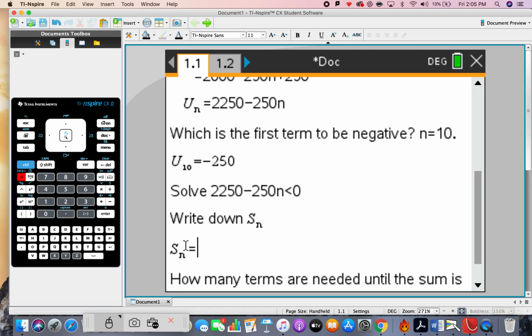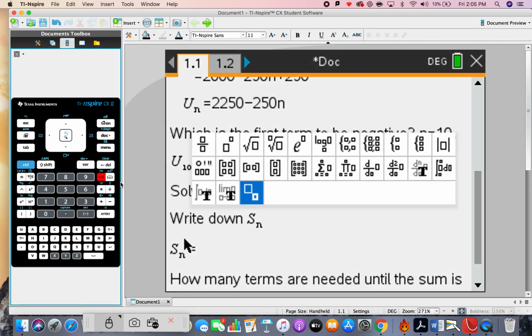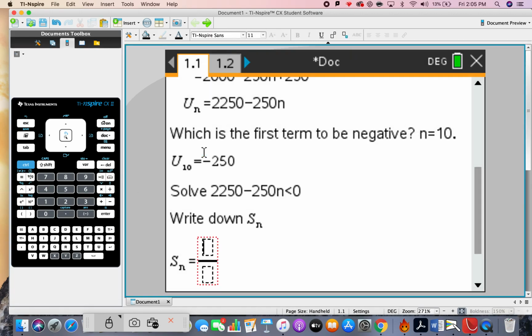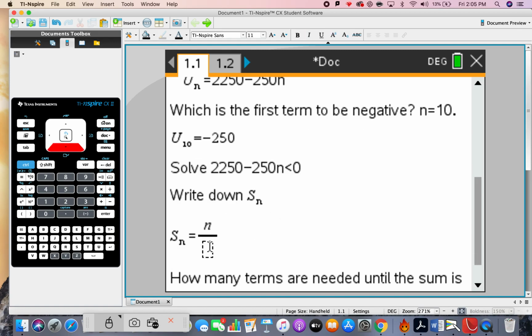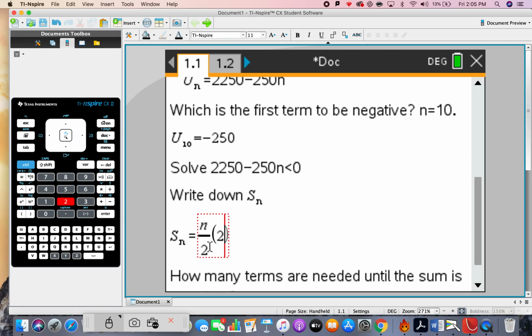S of n equals n over 2, brackets, 2 times u1 plus brackets n minus 1 bracket d.